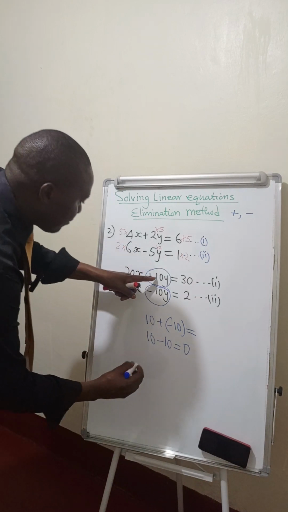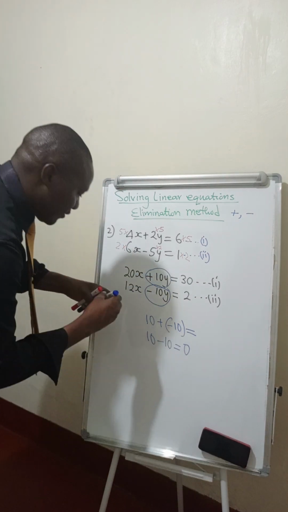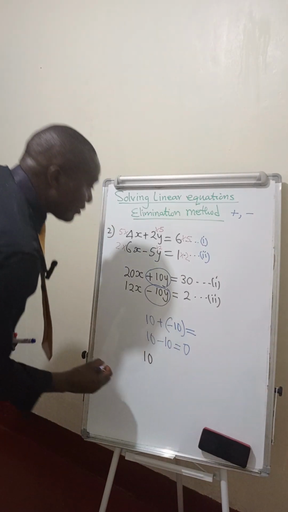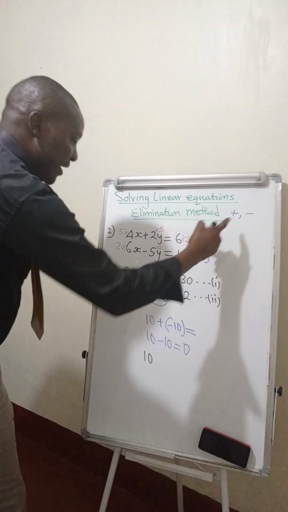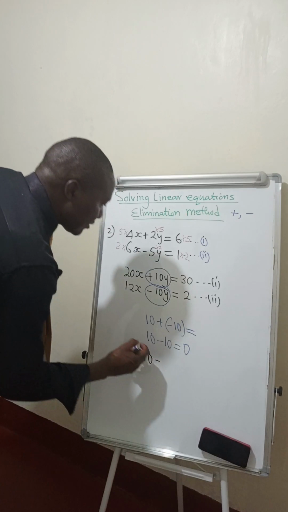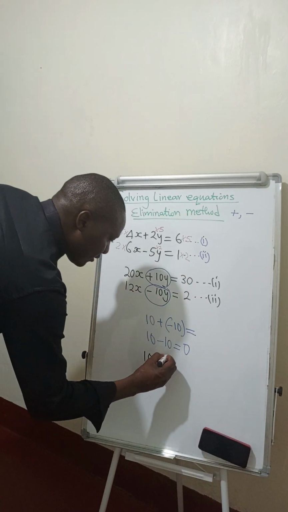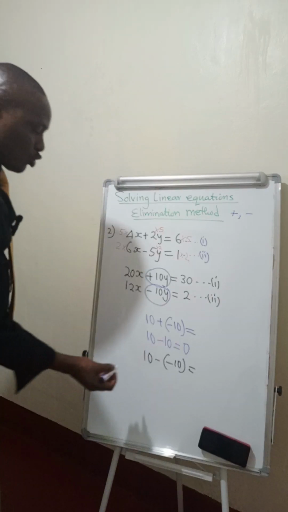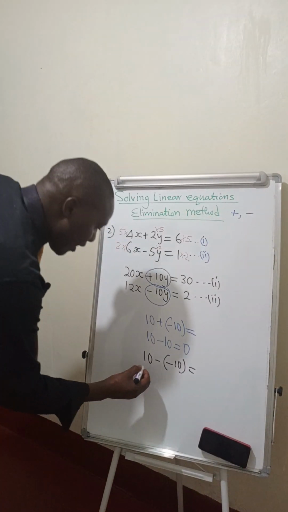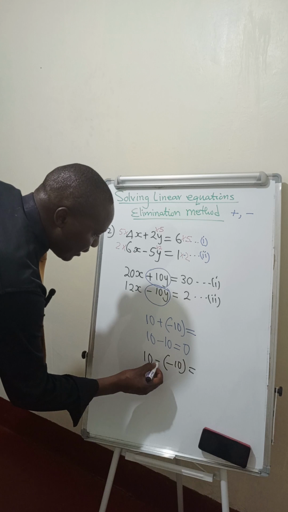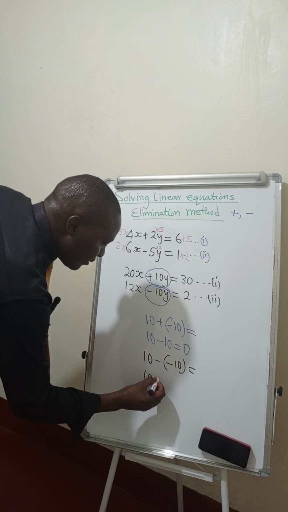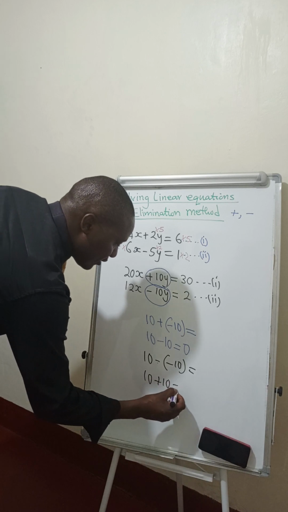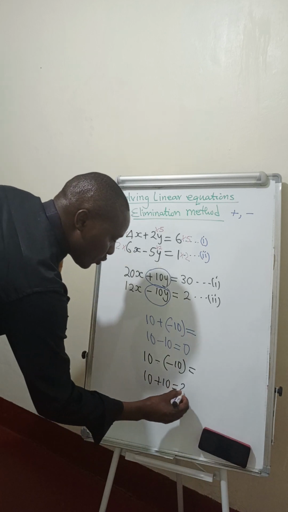That is this positive 10. Let me use a different color. Positive 10, right? Minus negative 10. To open this bracket, I will have 10, negative times negative will give me positive. So I have positive 10 here. 10 plus 10, 20.